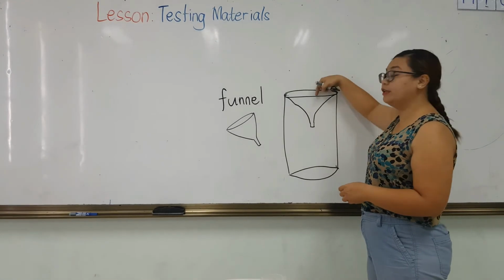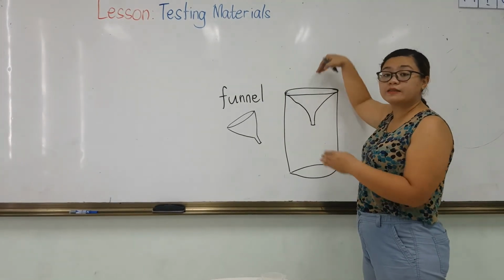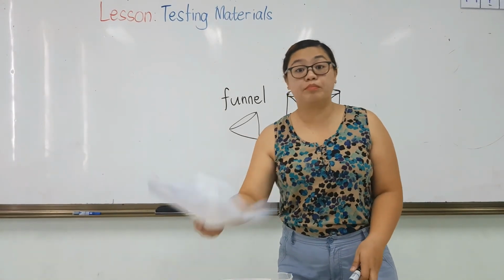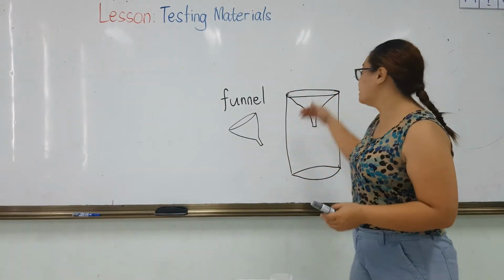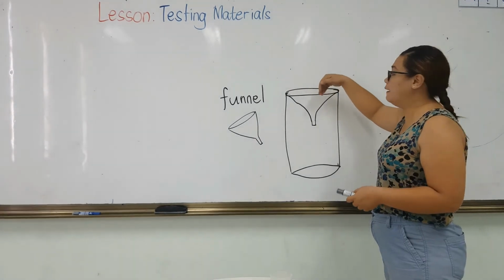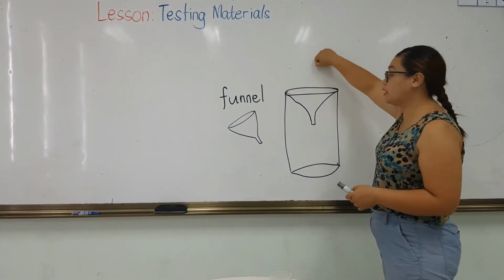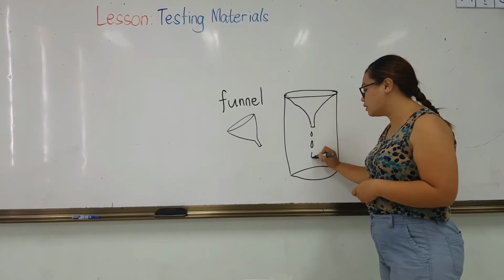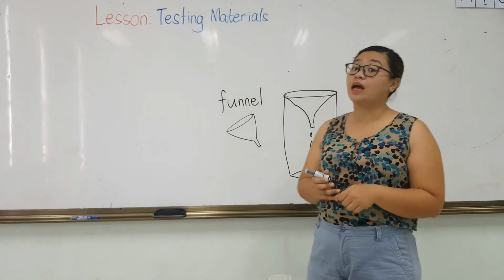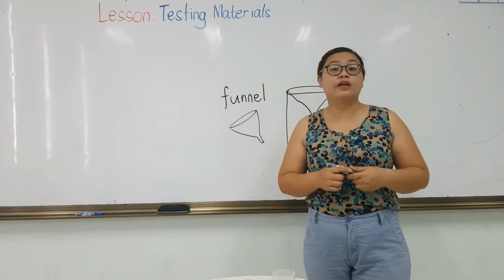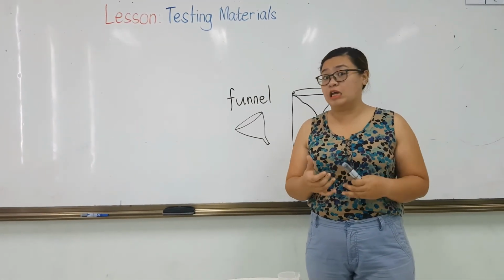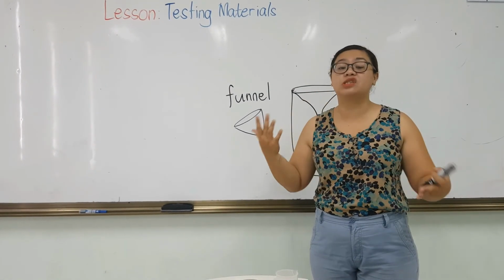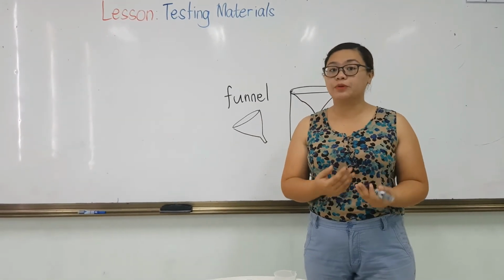And inside the funnel, put or place your material. So if you are testing, for example, paper, put the paper inside your funnel, okay? And then pour some water inside. If you see some water drops, it means it's not waterproof, or it could not really protect you from the rain. So it would mean that it is not a good material for making umbrellas.